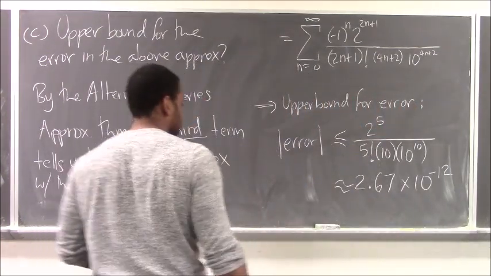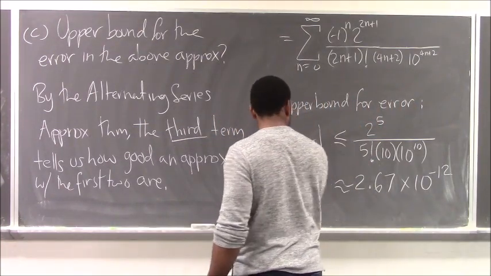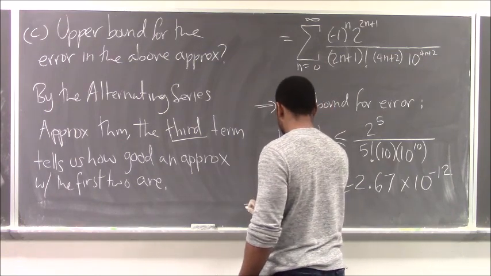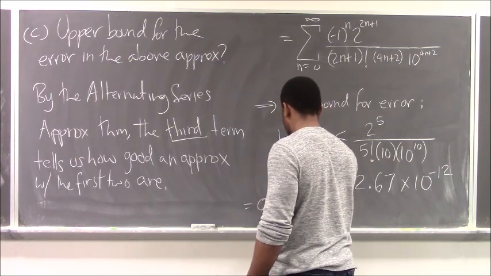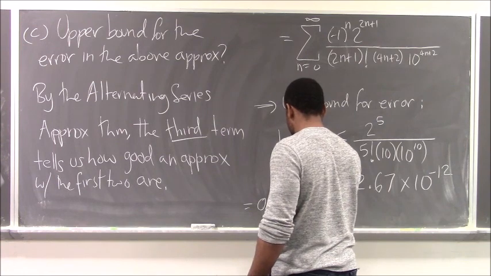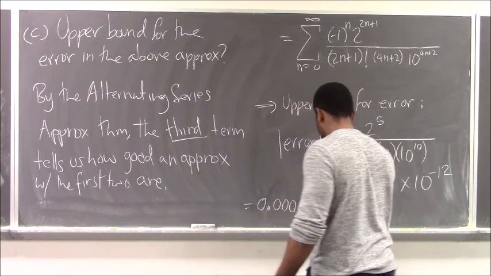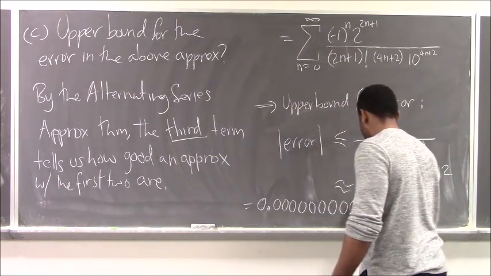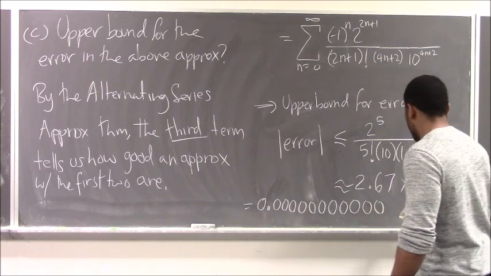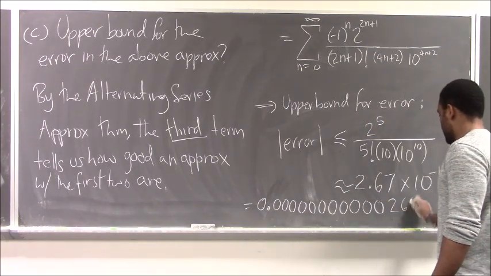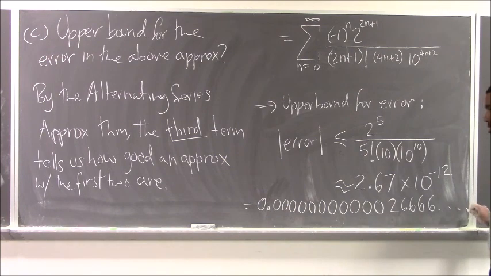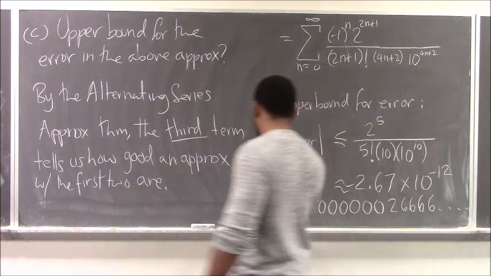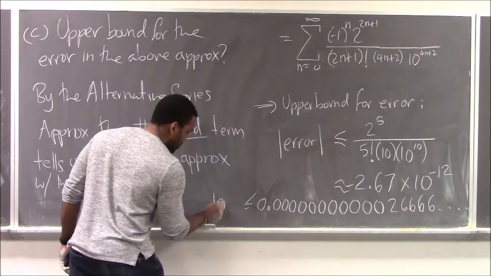So how close is this? 1, 2, 3, 4, 5, 6, 7, 8, 9, 10, 11, that many zeros before 2, 6, 6, 6, 6. This is an upper bound for our error.